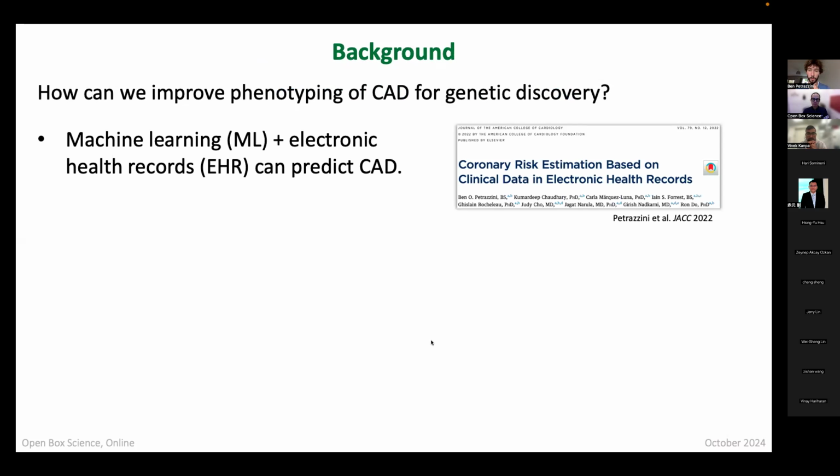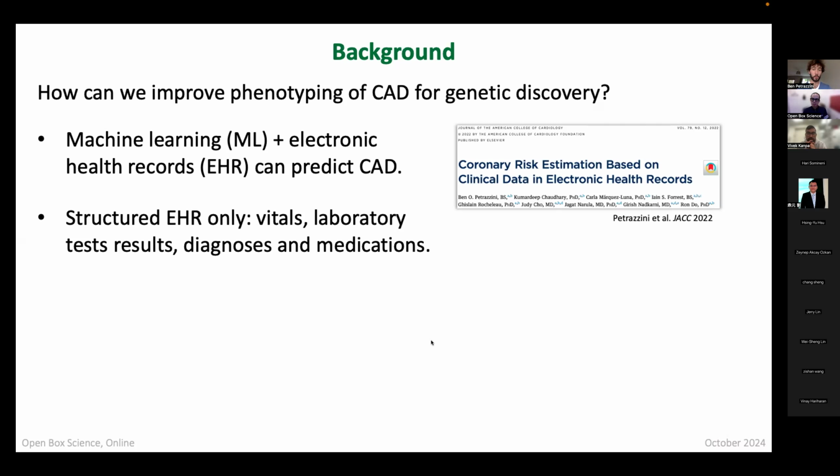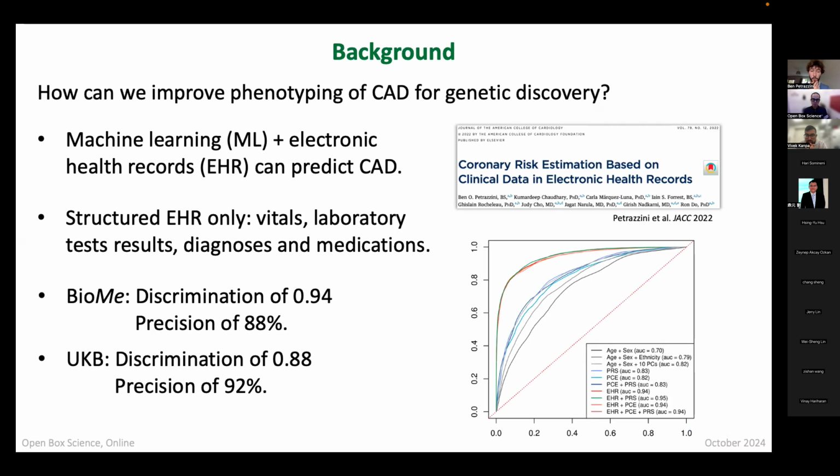And so in essence, what we did was train simple tree-based models to learn from widely available structured EHR, and these involve vital sign measurements, laboratory test results, diagnostic codes, and medications. And the model showed very good prediction of coronary artery disease in terms of discrimination or AUROC.